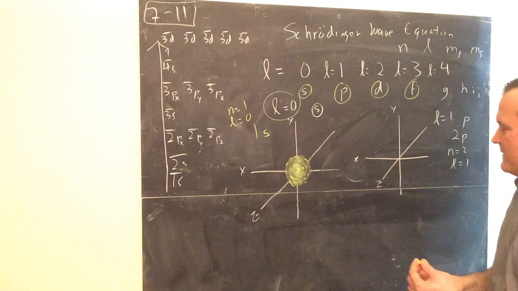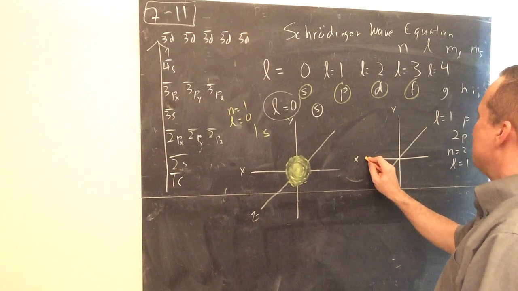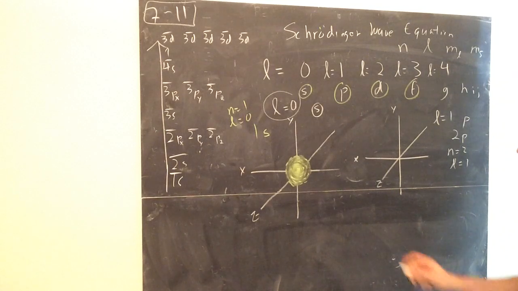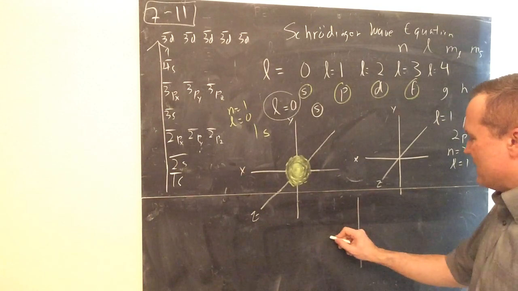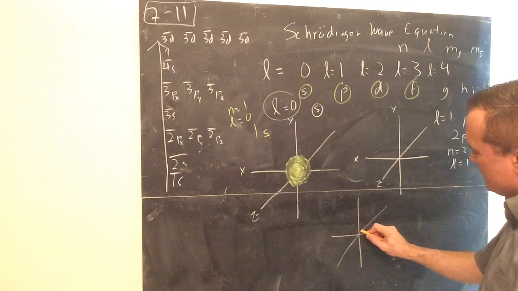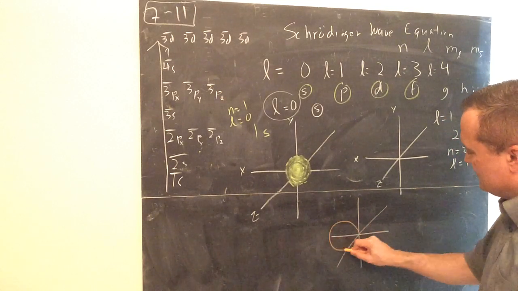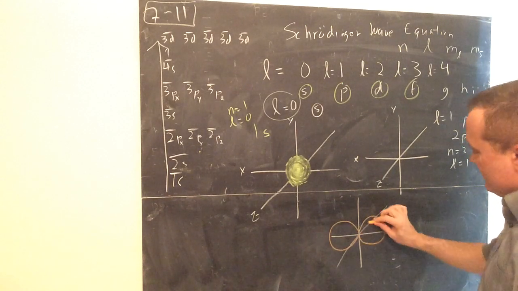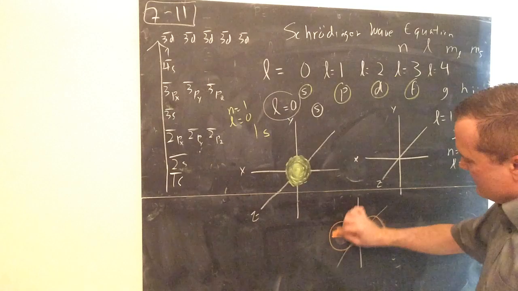Now, the P orbital will look like this. I'm going to draw a single P orbital a couple of ways. I'll do it down here for the real way, I guess. A single P orbital looks kind of like this. Sort of has that shape.